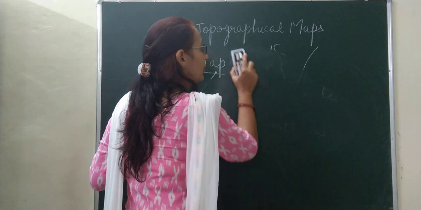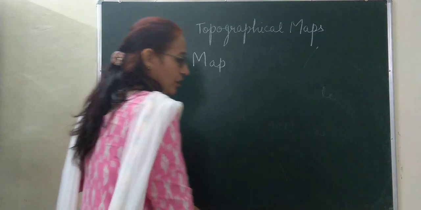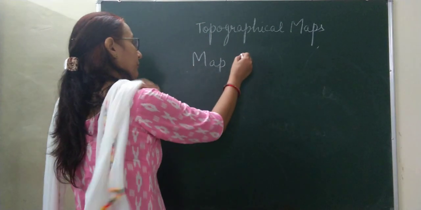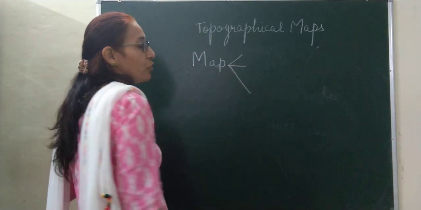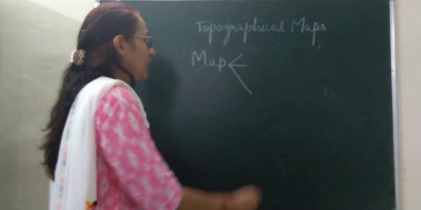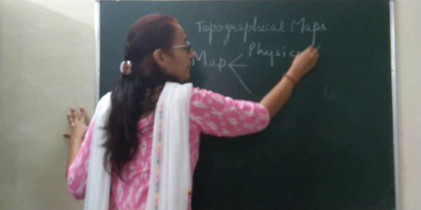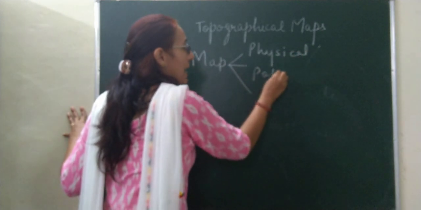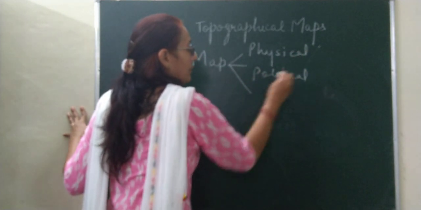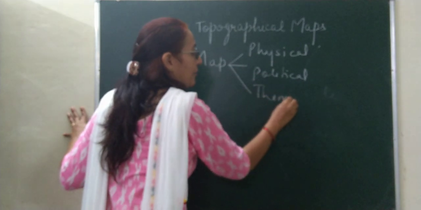Maps are also classified on the basis of content. There are 3 types of maps on the basis of content: one is the physical map, political map, and thematic map.